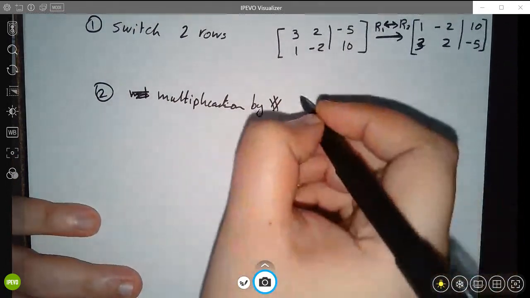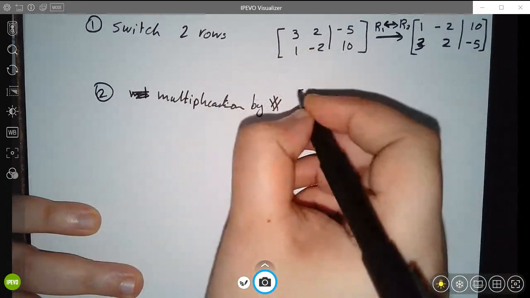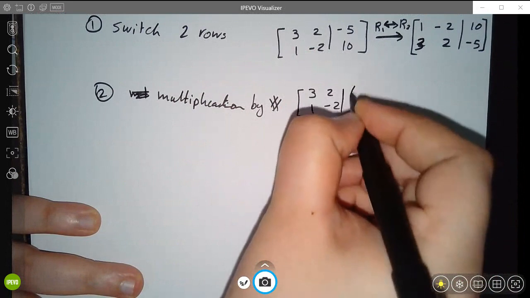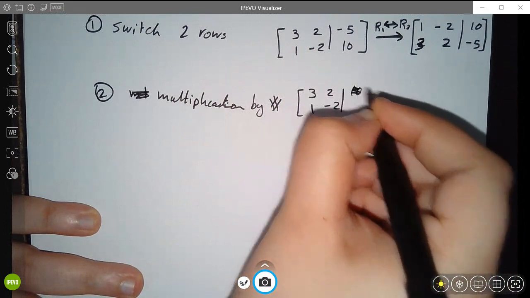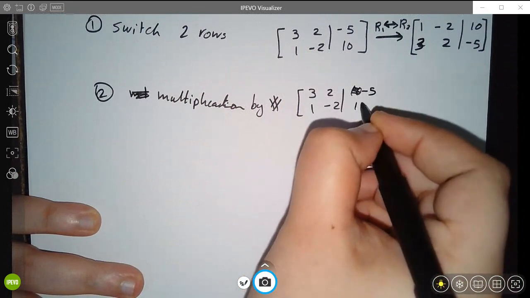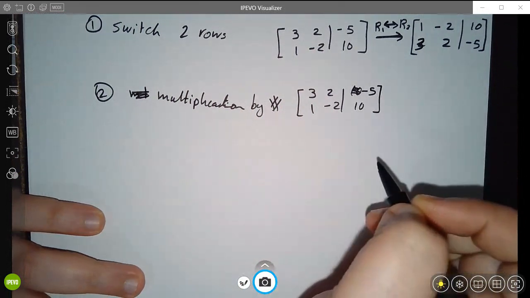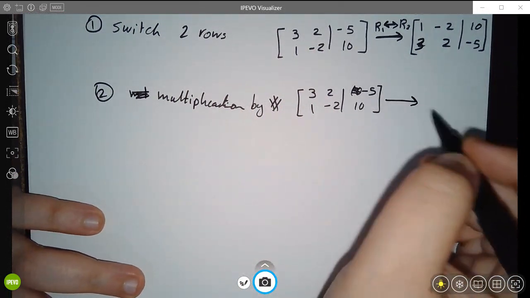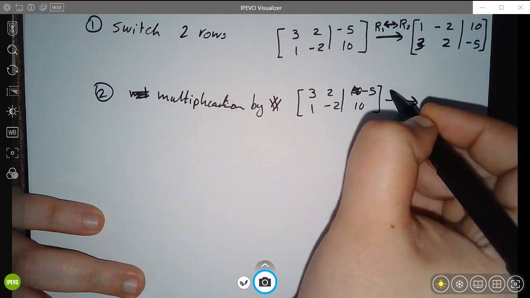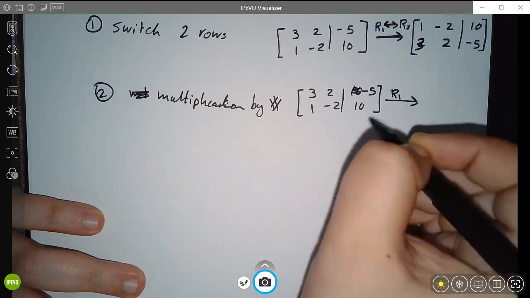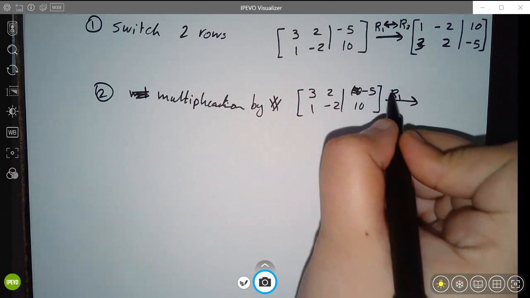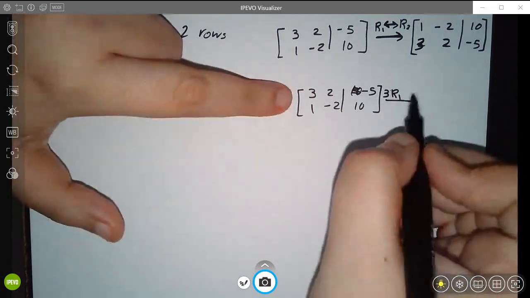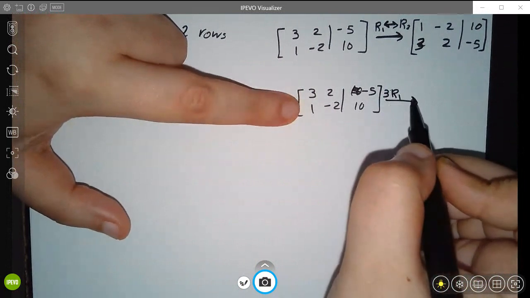So let me use the same matrix. Makes it easier. 3, 1, 2, -2. -5 and 10. That's our matrix. Now, just choose one of them. Let's say R1. Yes? I want to multiply by 3. So you're going to write 3R1.